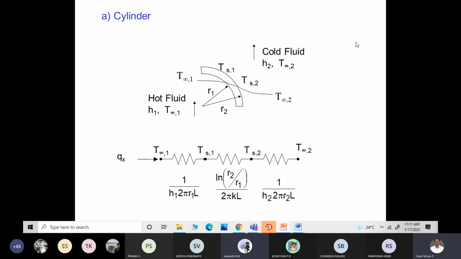And the second resistance is the conductive resistance. It depends upon the thermal conductivity of the pipe material.